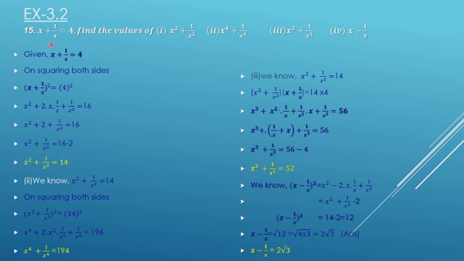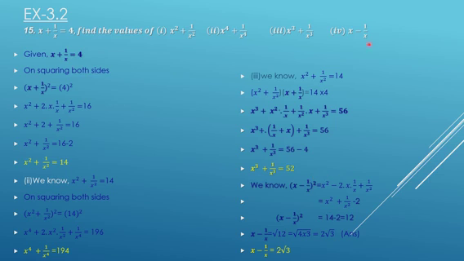Now according to the question, we know that x plus 1 by x is equal to 4. So put the value here. Since it's addition, if you take it to the right hand side of the equal to, it becomes negative. So 56 minus 4 is equal to 52. Now even if you are using the formula of a plus b whole cube, you'll get the same answer.